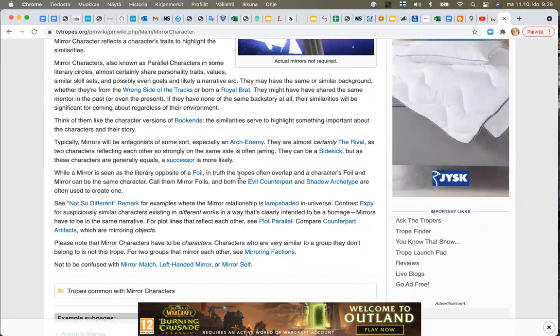Okay, and it says here also that these often overlap, and the foil and the mirror can be the same character. So there's also something like the evil counterpart. So that's one kind of pair, that you have a character and their foil.